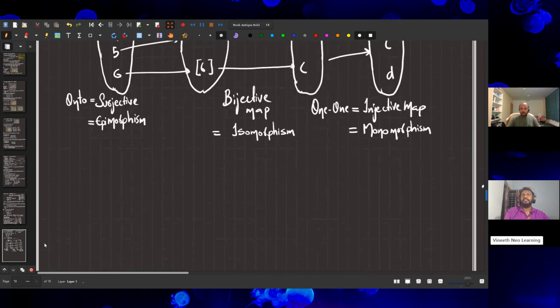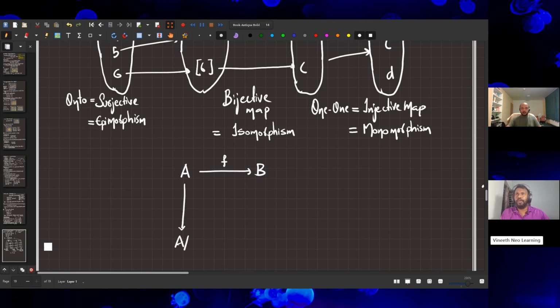We can write F from A to B as first mapping A to A mod that equivalence relation.